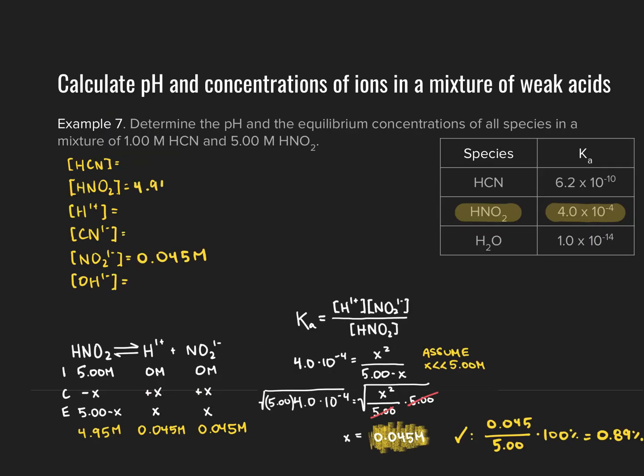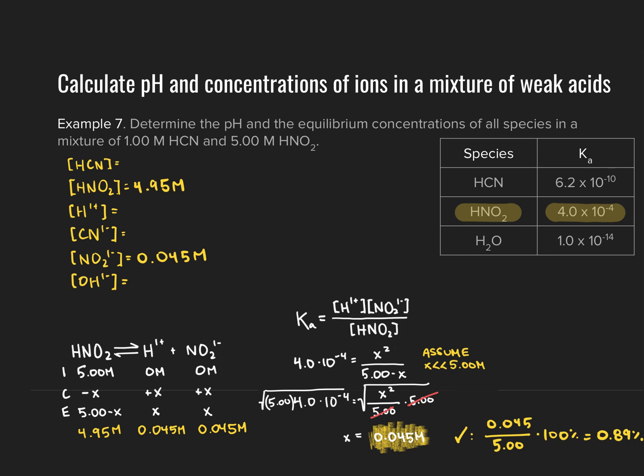Now, I know what you're thinking right now. We just found the hydrogen ion concentration, but there's another species, or in fact, two other species that could possibly produce hydrogen ions in our solution. That is the hydrocyanic acid, HCN, as well as water itself. But remember, as we looked back to our initial discussion of the Ka values, the hydrocyanic acid is orders of magnitude weaker in its acidity than the nitrous acid.